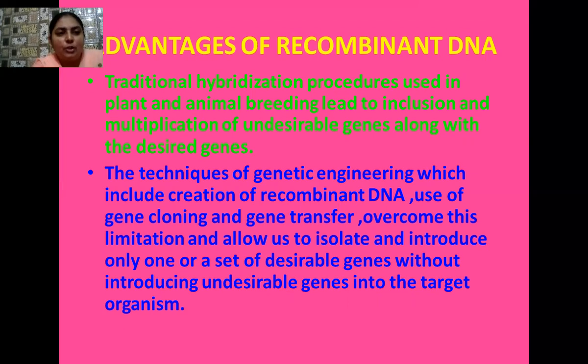Then, using gene cloning, we can make clones of the genes. Later these genes are transferred to the host organism. And all of these things, recombinant DNA, gene cloning, and gene transfer, overcome the limitation found in the traditional methods of hybridization.